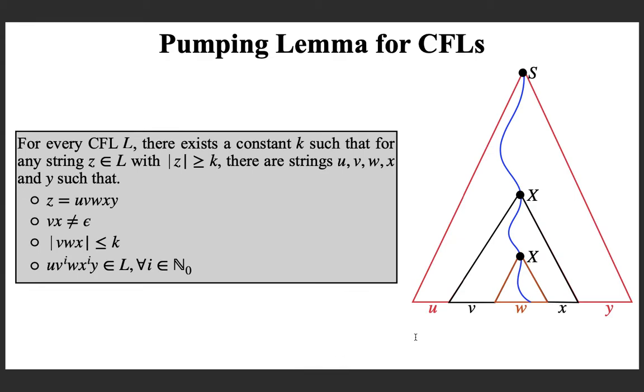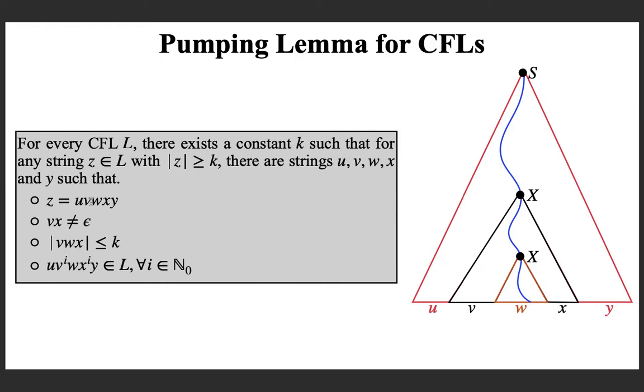Recall what we discussed in the previous lecture as the pumping lemma for context-free languages. It says for every context-free language L, there exists a constant k such that for all strings in the language with length greater than or equal to k, you can decompose that string into uvwxy like this.